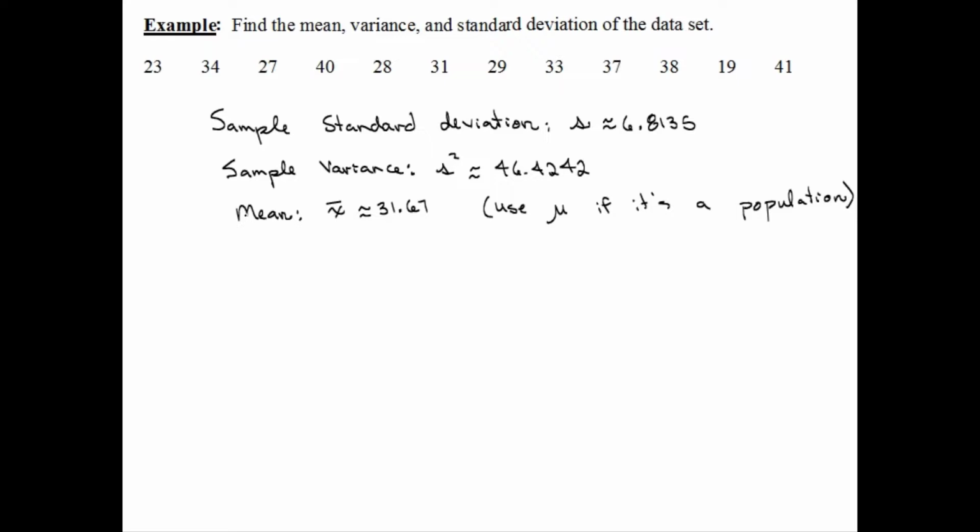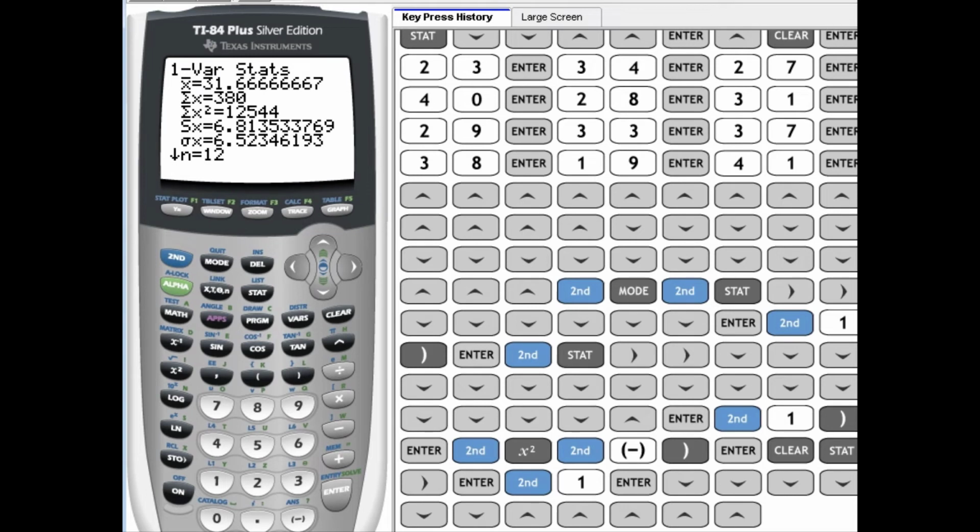Okay, our population standard deviation, remember the symbol for that will be sigma. And that was approximately 6.5235 using the sigma x on our calculator. And if you wanted to type that in and square it, you would get the population variance.